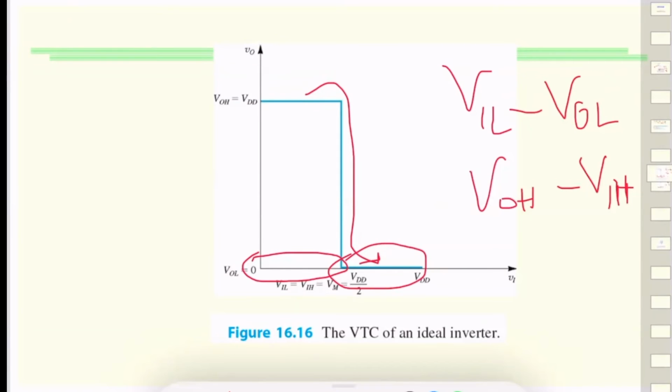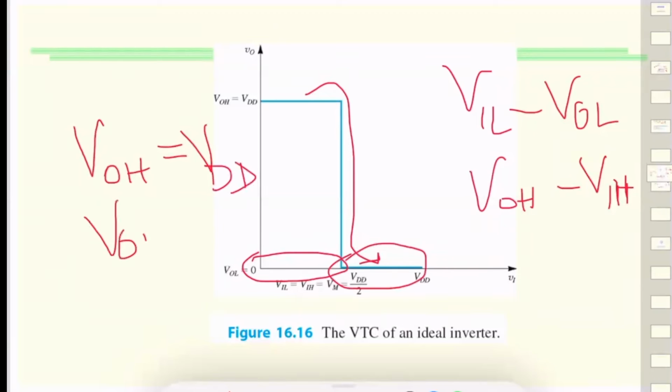And in this case, the ideal case is that our high would be exactly the supply voltage and our low would be exactly 0 volts. Now in this case, the midpoint is right here, which is VDD by 2.